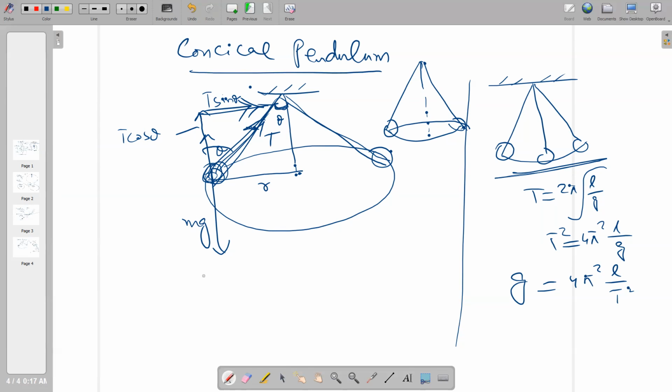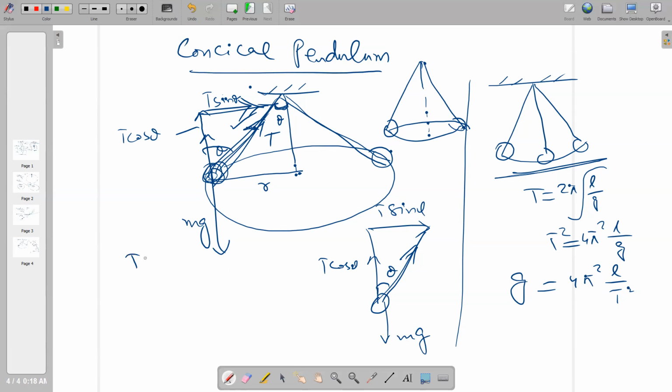Okay. So from this diagram, from this triangle, you can see that this is T sine theta and this is T cos theta. And this is T. This angle is theta. So from this triangle, and this is mg.